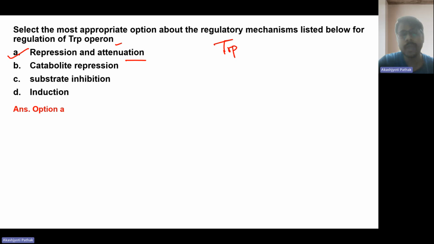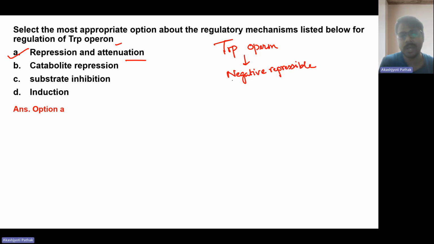So there are two mechanisms. Like in the case of lac operon, we understood that there is one repressor protein which keeps my lac operon off in the absence of lactose. And trp operon is an example of a negative repressible operon. Here also a repressor protein is produced, but why is it negative repressible?